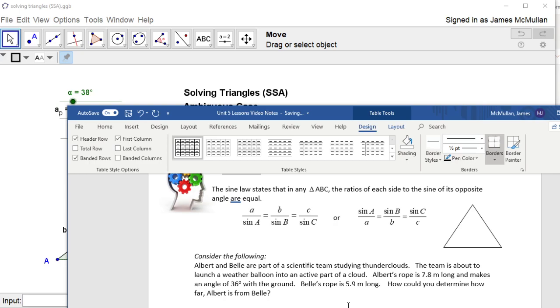There are 3 angles, A, B, and C, and there are 3 sides, a, b, and c, which again do not have capitals.